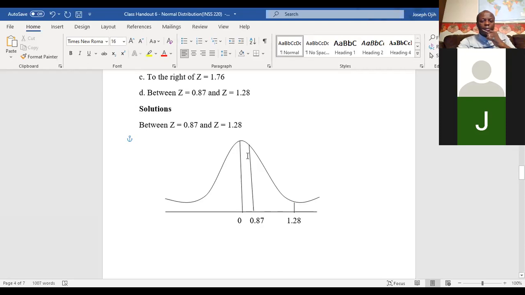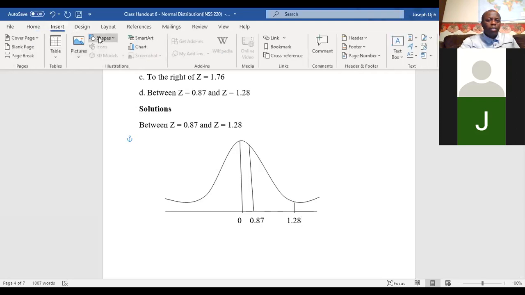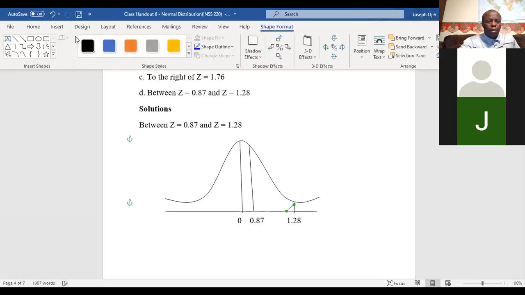See, between them, that means from here to here only. In that case, we can shade the portion that represents between the two values. So we're going to shade from here, and then here. Notice that this one didn't start from 0. It started from 0.87 to 1.28, not from 0 to 1.28.